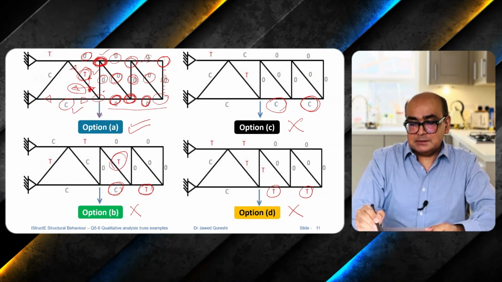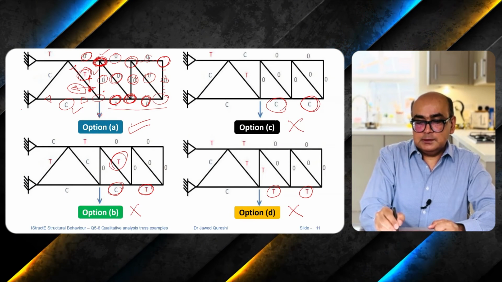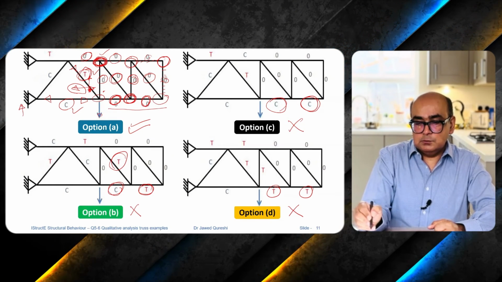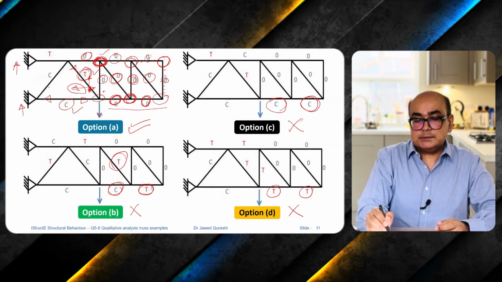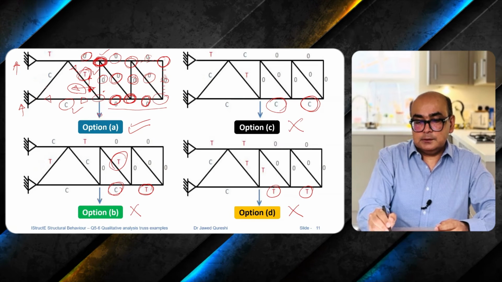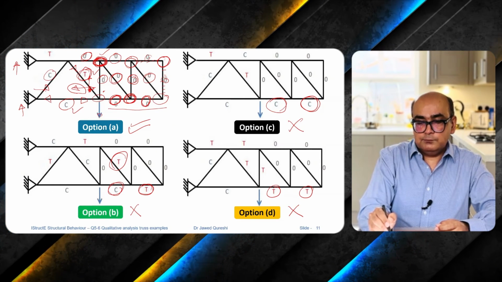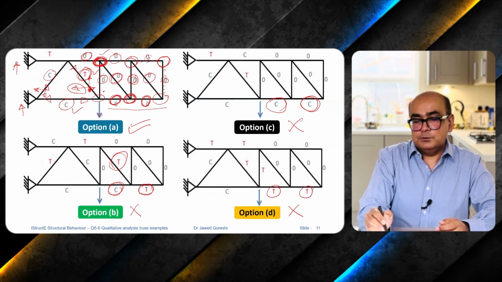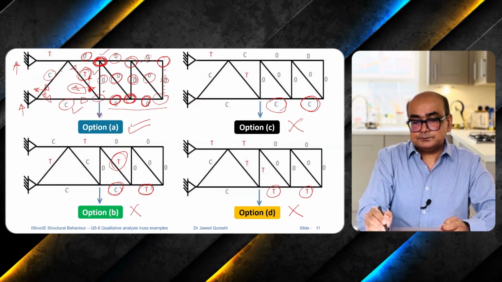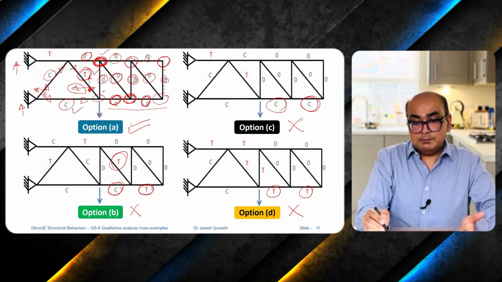So compression is fine. If we have a downward force, then the reaction has to be vertical over here. When we have an upward reaction, then the force here should be downward. So the force will be downwards and leftwards, which means that the force in this inclined member is going to be compression.